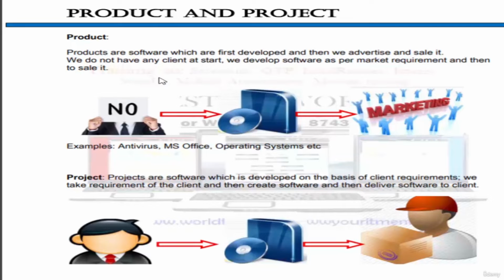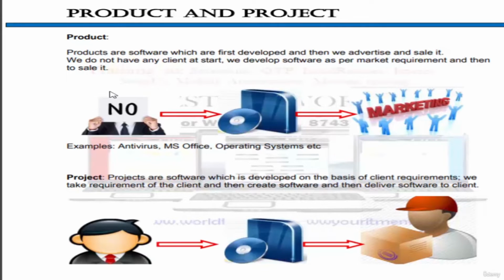Now I'll talk about product. In product, there is no initial client. Our marketing team, research team, and sales team will understand the market need and generate some requirements. As per the requirements given by these teams, we develop software.